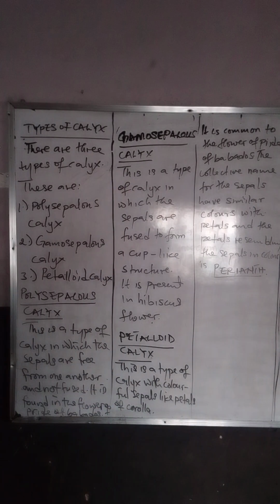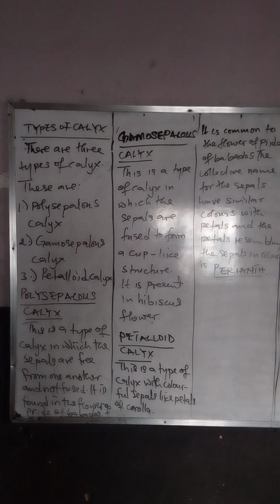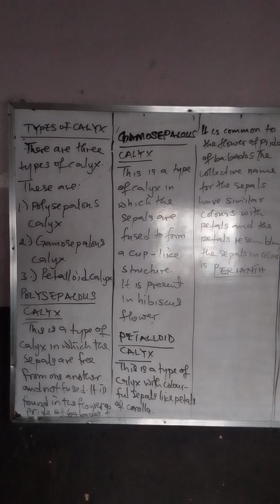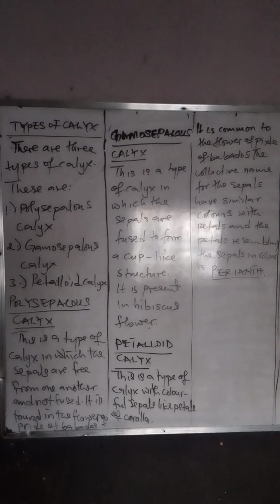So both this sepal and this petal having similar color are collectively called perianth. Unlike in hibiscus, look, petals are red while calyx are green. So they don't have the same color. So perianth is common to Pride of Barbados flower and not in hibiscus flower, in case they ask you to state differences between them.